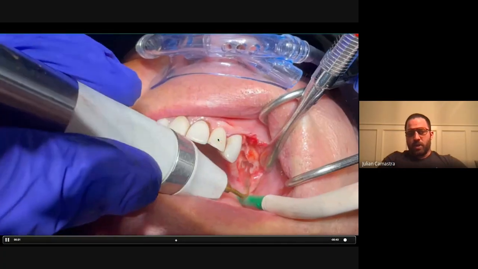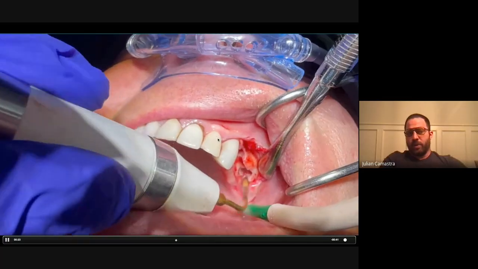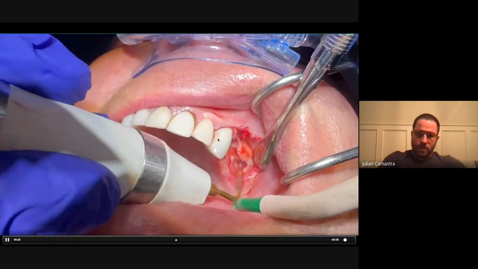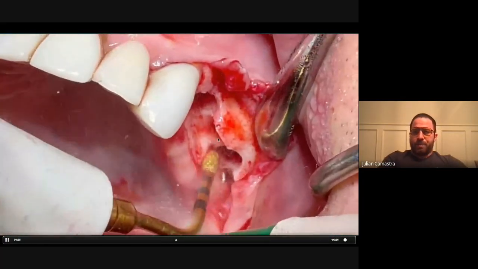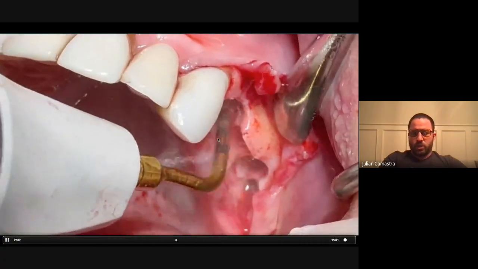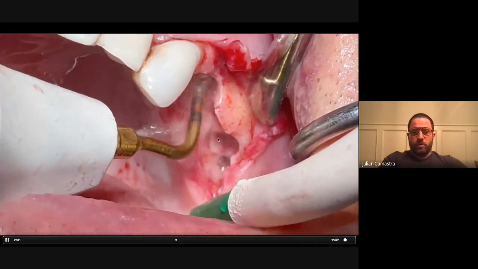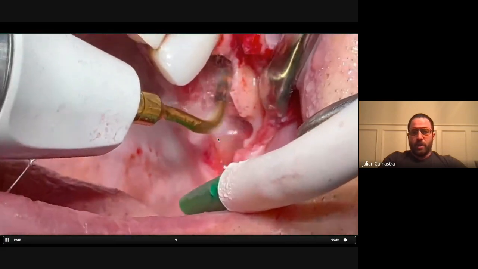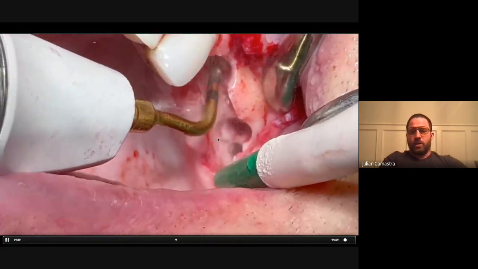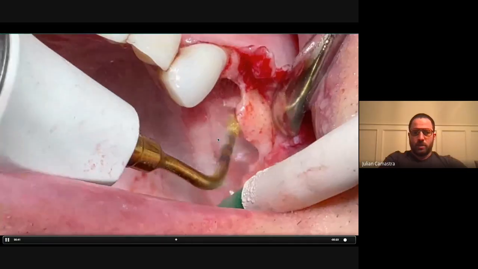So once we go into the sites and clean them out, then we really thoroughly clean with this device. And that's how we clean out all the fat cells and just ensure that we have good, clean blood. You saw in that video earlier that you see these fat droplets coming out. So we're going to keep cleaning until we no longer see any more of those fat droplets.